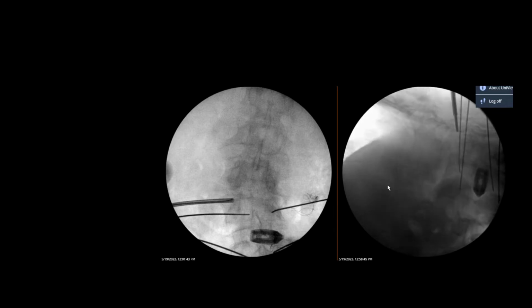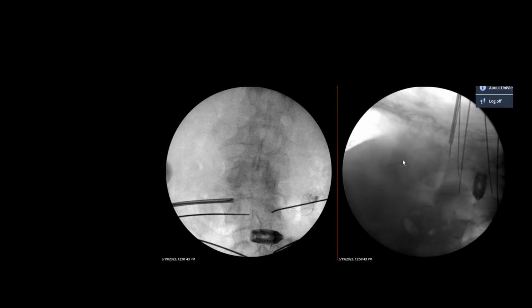We have to go lots of back and forth. Practically the C-arms have to do acrobatics to get a proper picture here. And here you see as well the grade 2 listhesis right there. The back of the bone here for the L3 and the back of the bone here for L4.